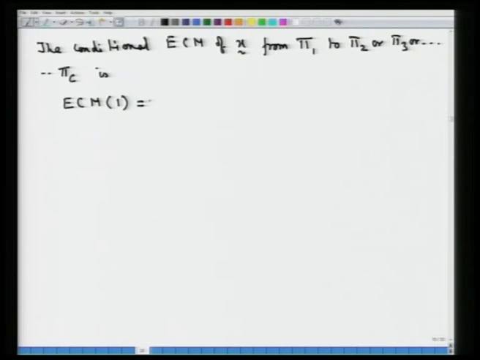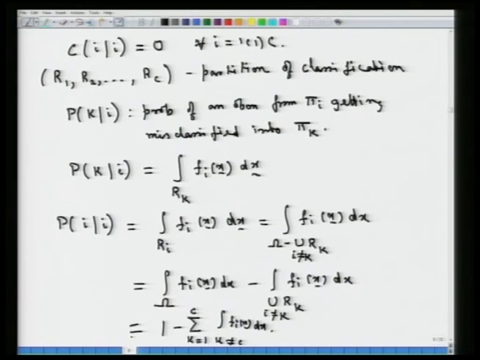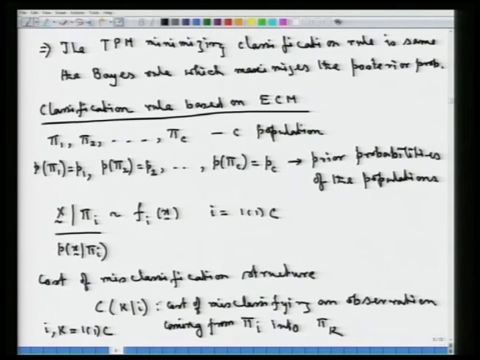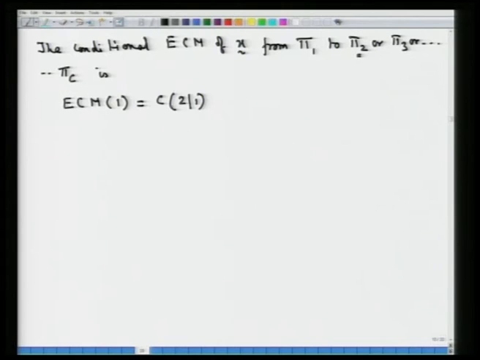So, what is this going to be equal to? This is going to be equal to the cost, say first of all, suppose let us consider the case that x is misclassified into pi 2 given it is coming from pi 1. So, what is the cost of that? This is the cost that we are going to incur. From the general terminology, what we had said was c_ki to be the cost of misclassification structure. c_ki is the cost of misclassifying an observation coming from pi i into pi k, and hence here we are looking at an observation coming from pi 1 and we are putting it into pi 2, and hence this is the cost that we are going to incur.